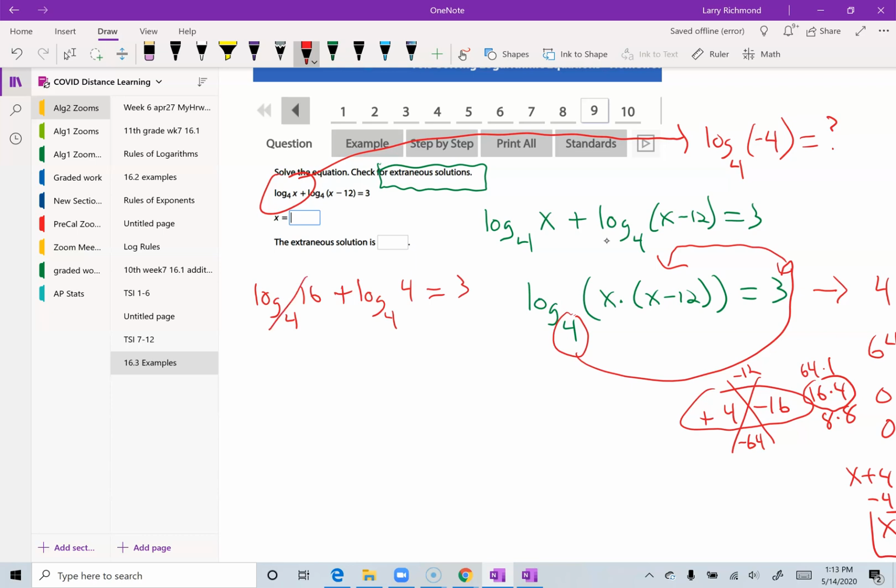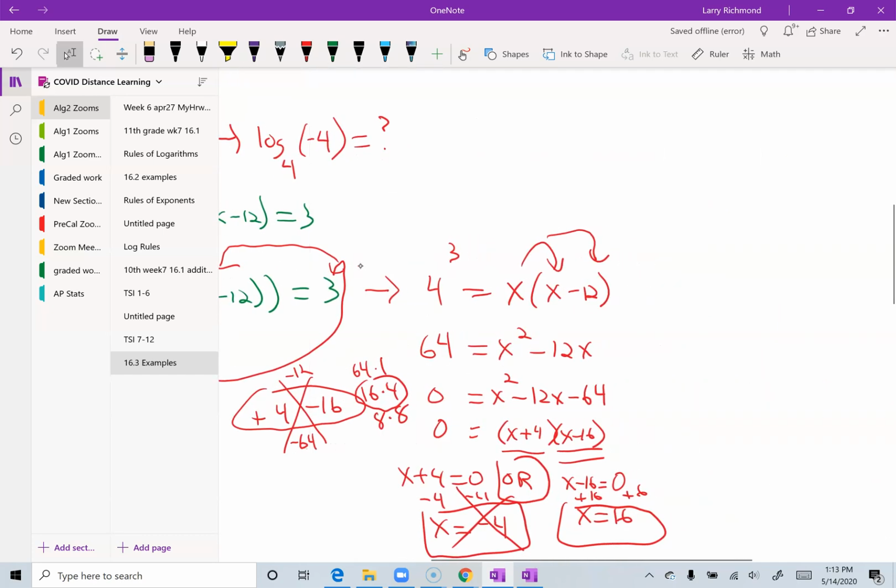You could use your calculator if you have doubts. This is 2. Remember, when the base and what we're evaluating is the same, this is 1. That makes sense because 4 to the first is 4. And 2 plus 1 is indeed 3. That's a true statement. So our only solution, x equals 16, is the solution.